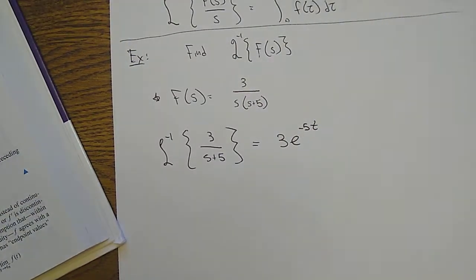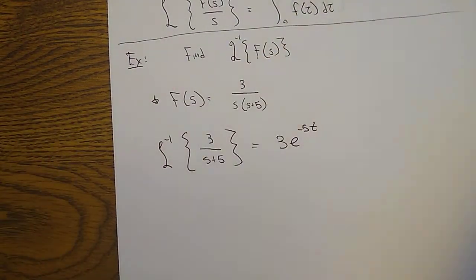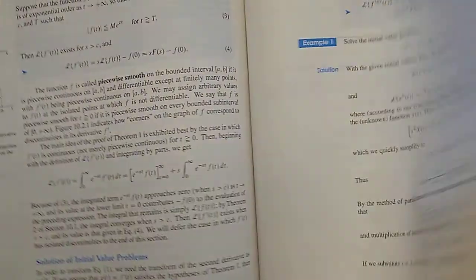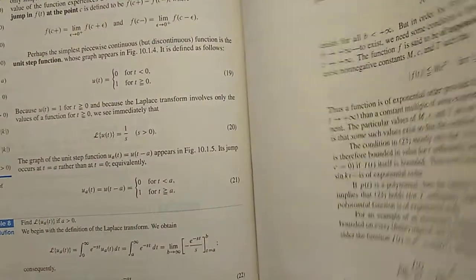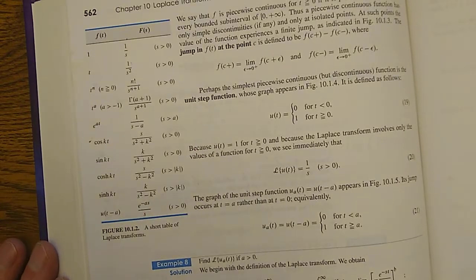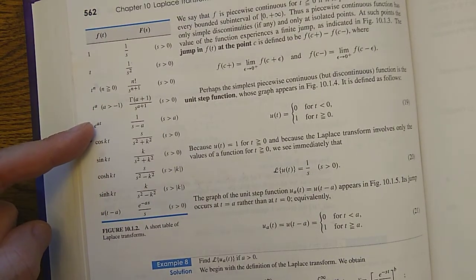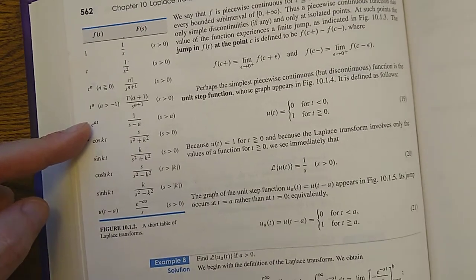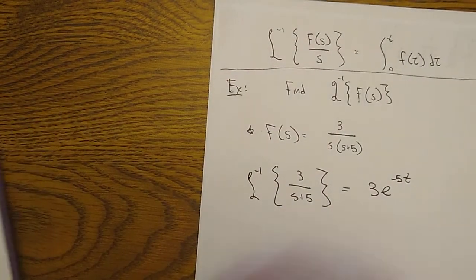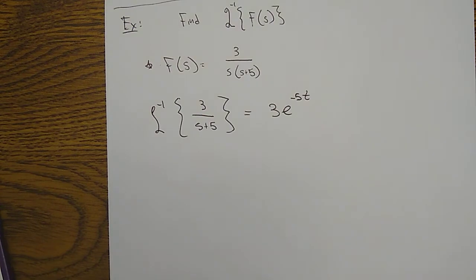And we know what that is. I'm starting to remember my Laplace transforms now, so I just knocked it out, but just to show everybody, that's this. a was -5, so I wrote e to the at.